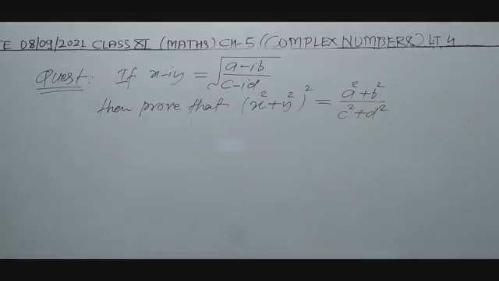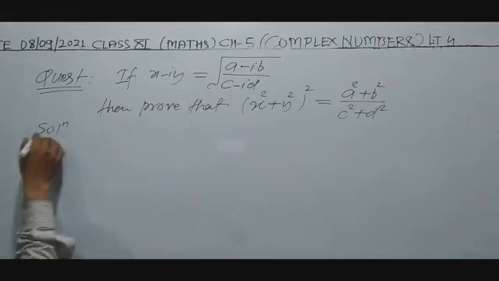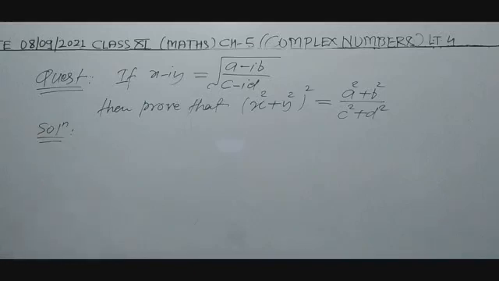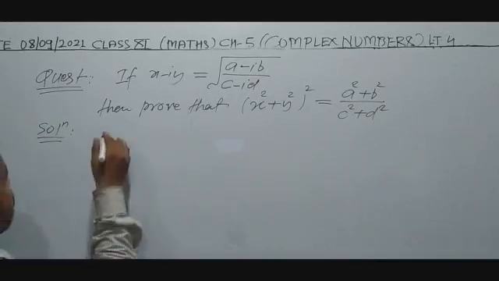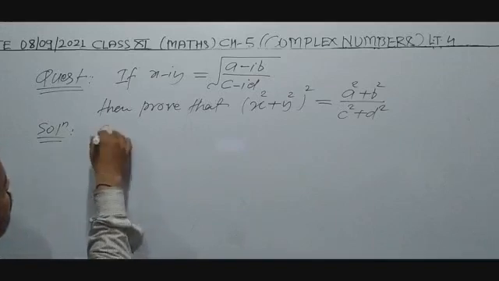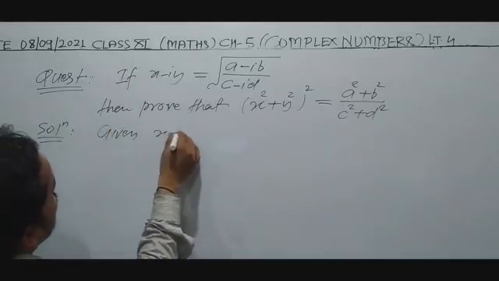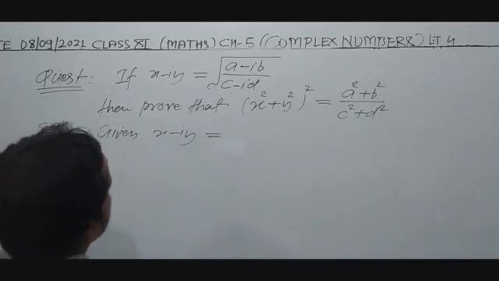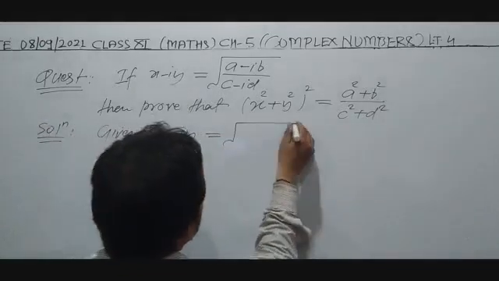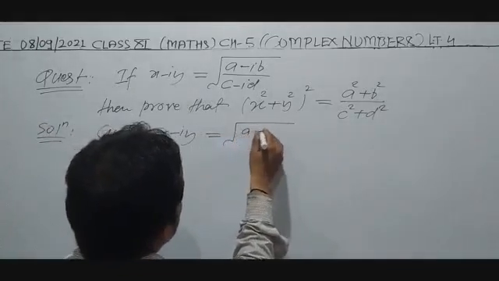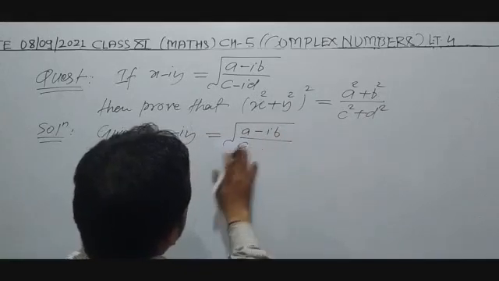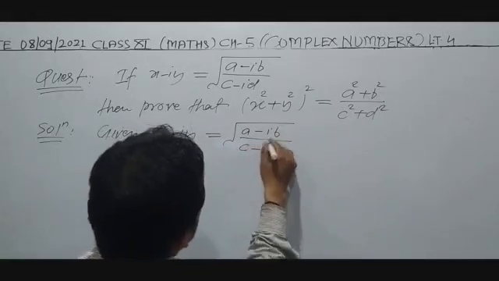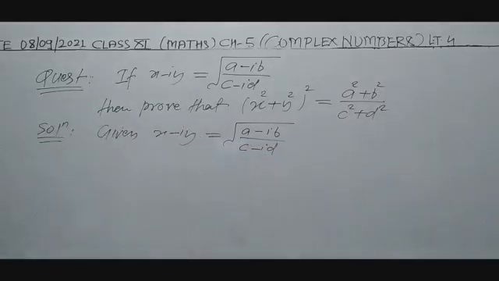Now, the given statement: x minus iy is equal to root over (a minus ib) upon (c minus id). This is given.